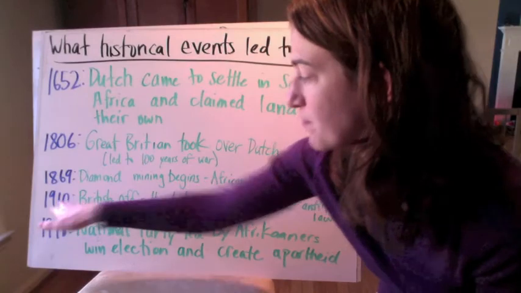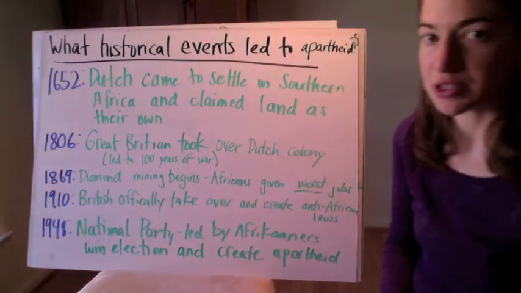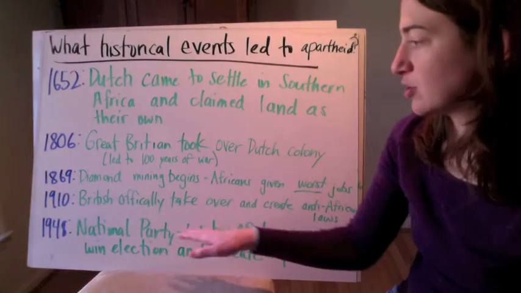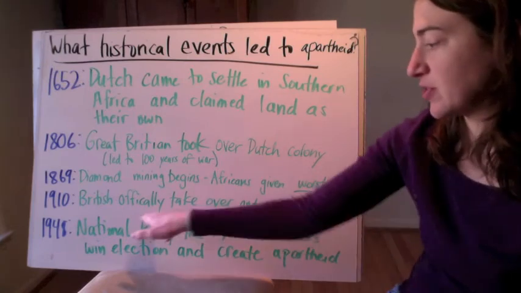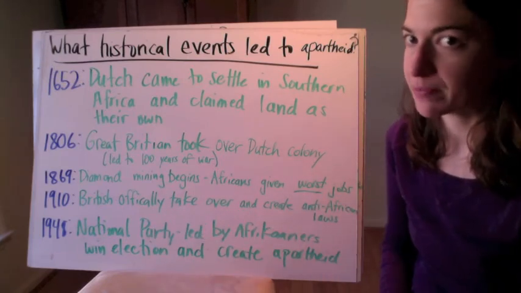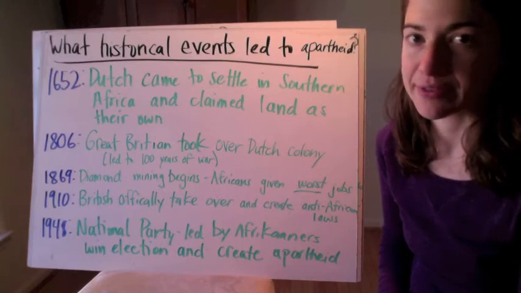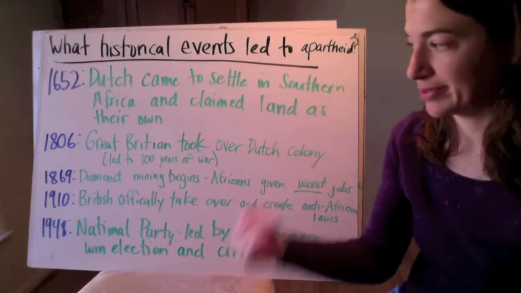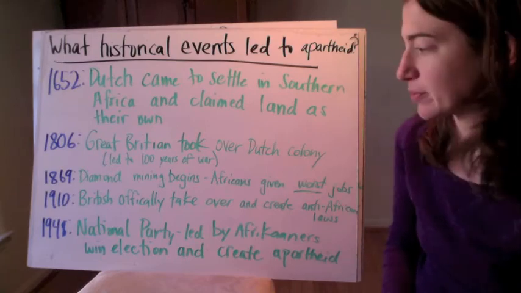In 1910, the British officially take over, so the Dutch no longer have any claims to South Africa, but the Dutch officially take over and create anti-African laws. Okay, so the treatment of Africans is deteriorating more and more as time goes on.